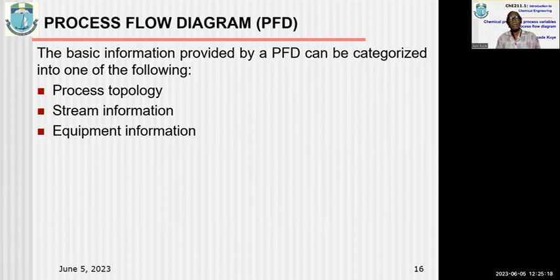And then the stream information, which is what we said earlier on. In some cases, you can put it on the process topology. But in some other cases, when the informations are quite many, it's good to put it in another tabular form. And then each of the equipment too, you also need to provide that. Let's take a look at each of this.